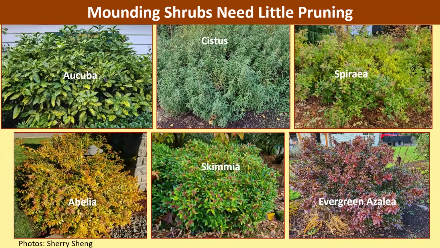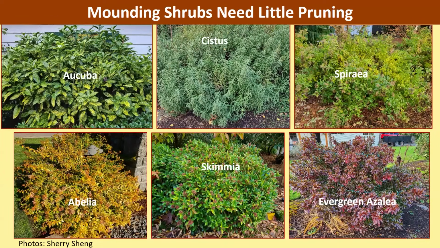Okay, a group of shrubs naturally grow into a mounding form. And here are a number of examples. And in addition to these, barberry, boxwood, burning bush, Escallonia, euonymus, snowberry, they all have that kind of mounding form.